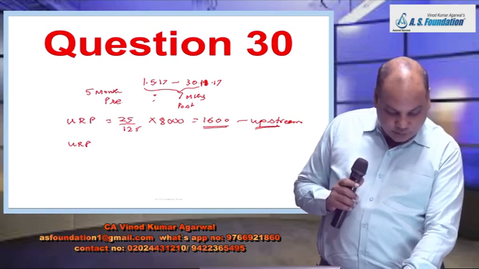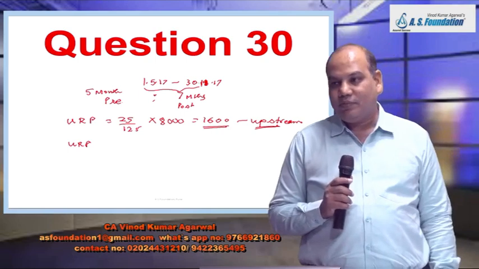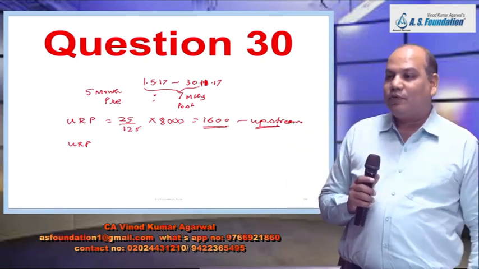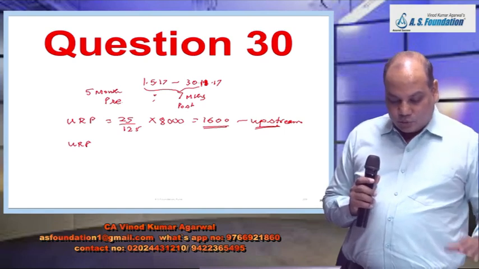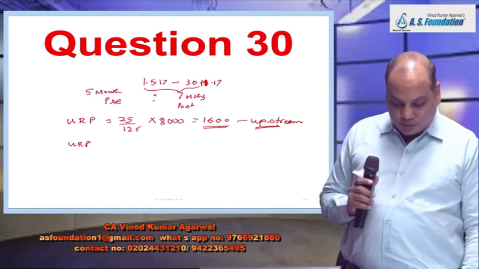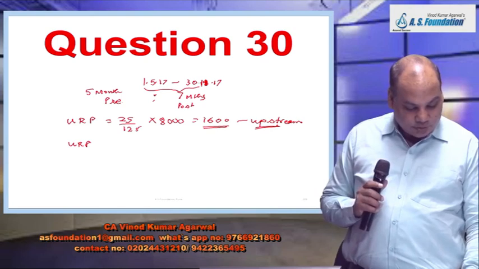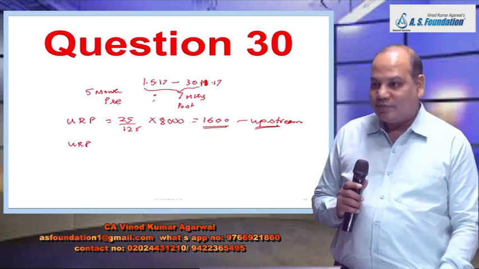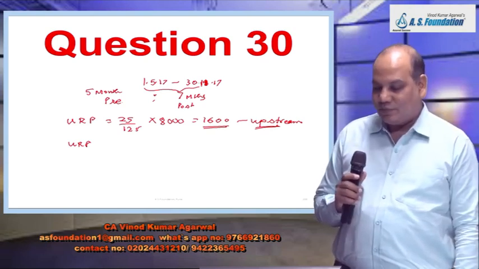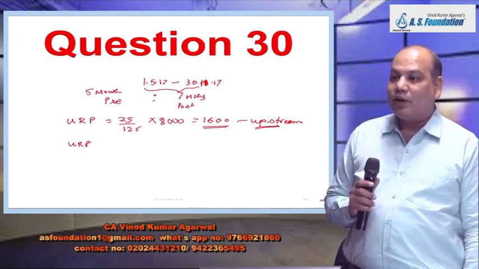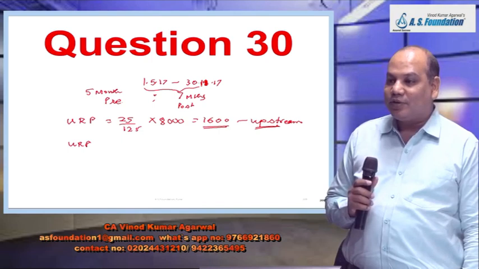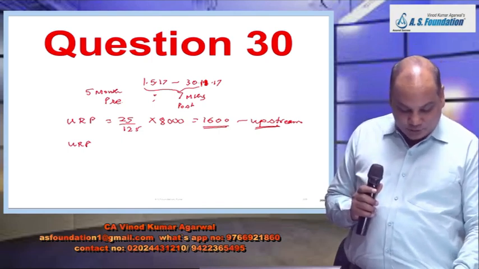Out of 69,000, 9,000 is earned in this year. So what is the balance brought forward from last year? 60,000. That you will write in pre-column. Current year 9,000 we will apportion in the ratio of 5:7. Current year 9,000, 5:7. This much care you have to take.